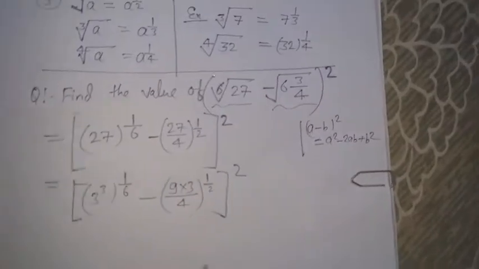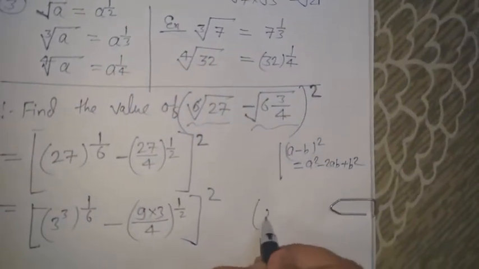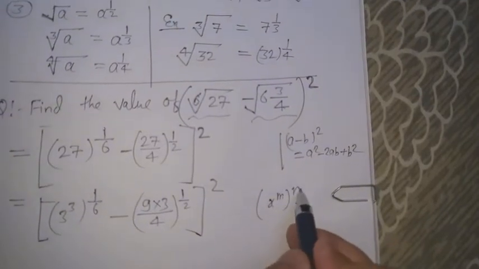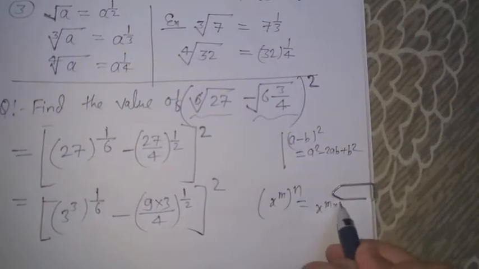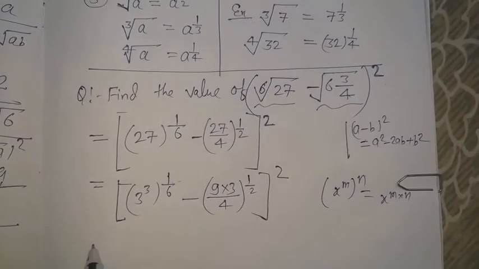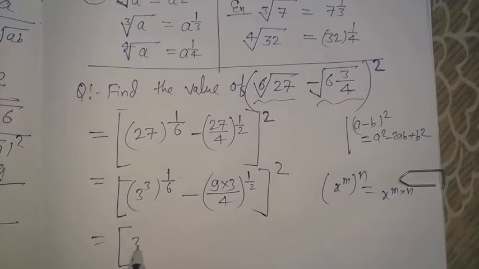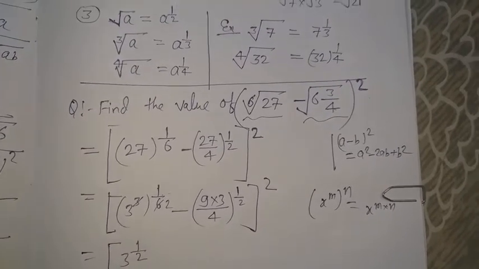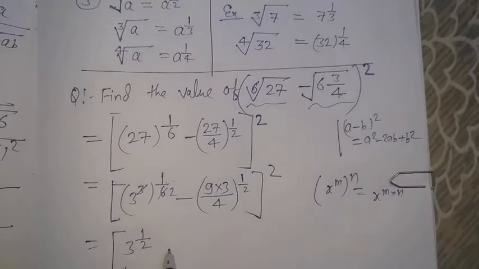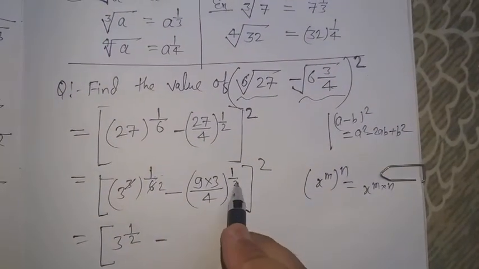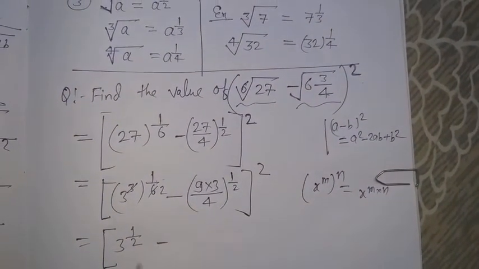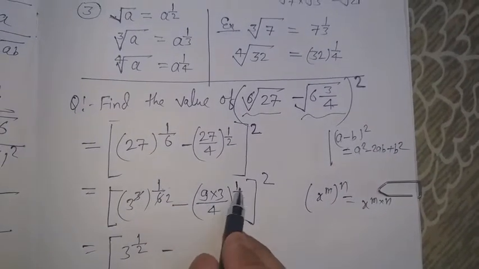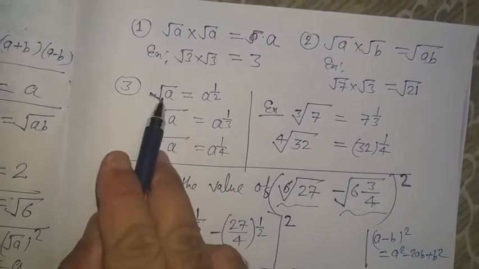Okay. Now you know that if x to the power m whole to the power n, if power to the power, then power will be multiplied. So here, this becomes 3 to the power 1 by 2 minus, what is this? 1 by 2 means root of 9. 1 by 2 power means root.